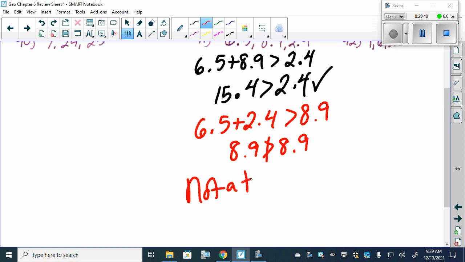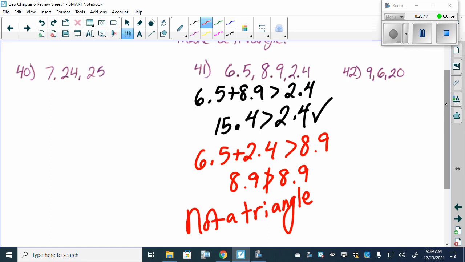Not a triangle. Because really the first one worked because both of these sides are already greater than 2.4. It's going to work. But really, once we had the two smaller sides on the same side of the inequality, it didn't work out.